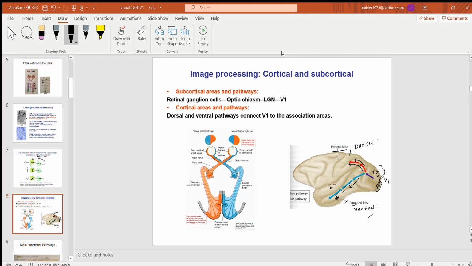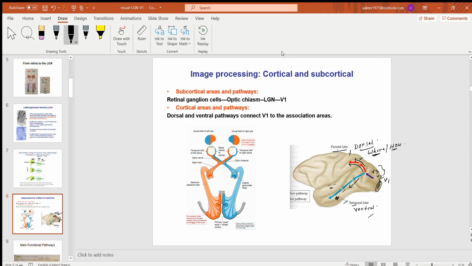The dorsal pathway is also known as the where or how pathway, because the areas located in this pathway process the signal to determine the location of the object in space, and also motion.